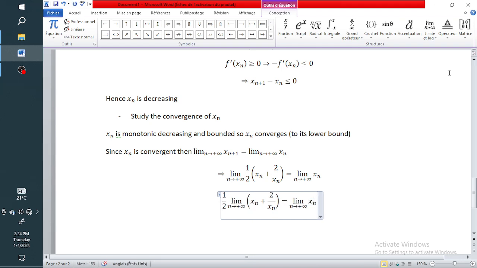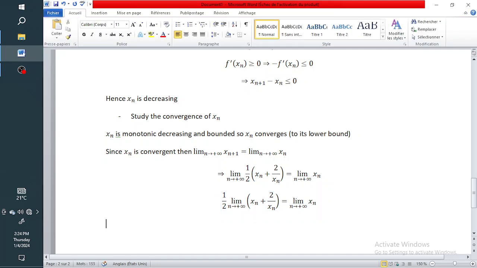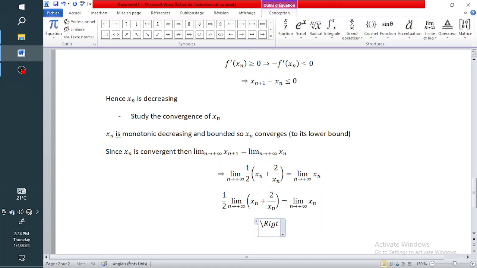Now if you call that limit L, it therefore means that we just have half into L plus 2 on L equal to L. If we multiply all through by L, we get half into L squared plus 2 equal to L squared.